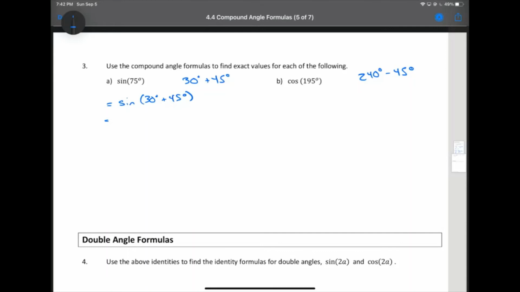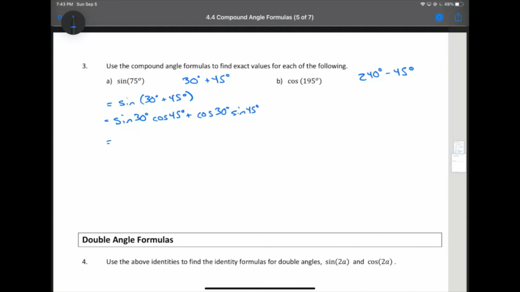And I look at my formula table, and it says the sine of a plus b, or x plus y, whichever variables you choose to use, is always going to be the sine of the first angle times the cos of the second angle plus the cos of the first angle times the sine of the second angle. And by the way, first and second angle here are completely irrelevant, since 30 plus 45 equals 45 plus 30, as long as we're consistent in the use of our formula.